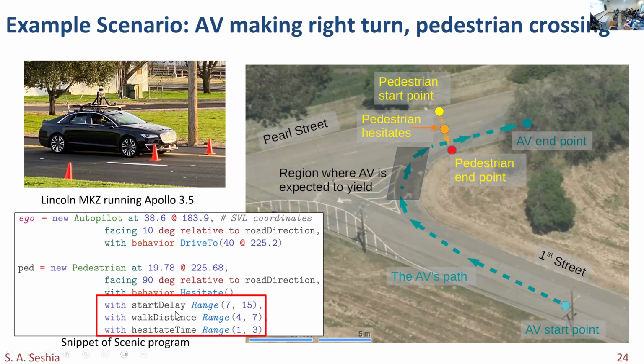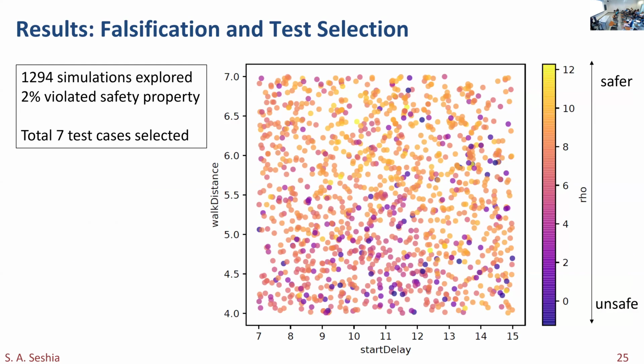The first one is start delay, which is the difference between the time that the car starts and the time when the pedestrian dummy starts, which is between 7 and 15 seconds, uniform random. Walk distance is the distance traveled by the dummy before it hesitates, so 4 to 7 meters, I think, in this case. And then hesitate time is the time the pedestrian dummy will hesitate in the middle of the road, between 1 and 3 seconds.